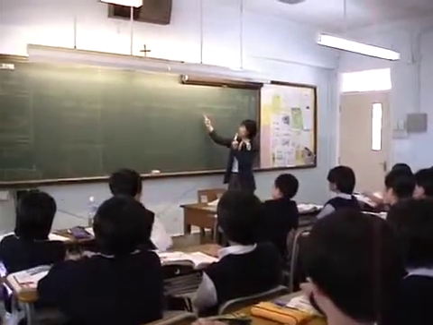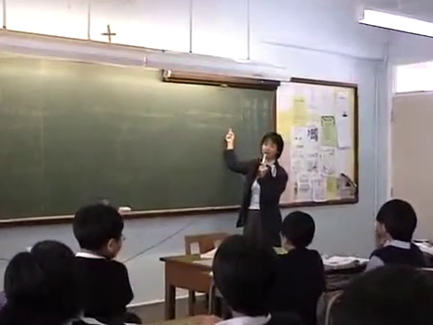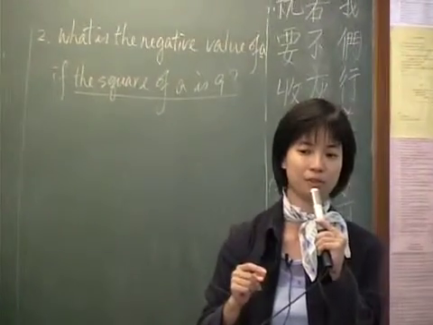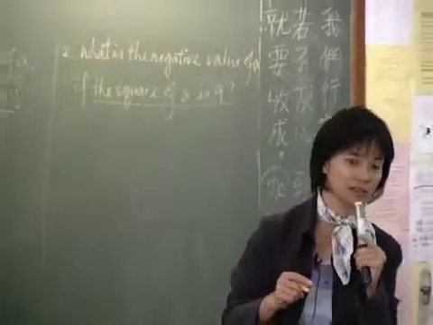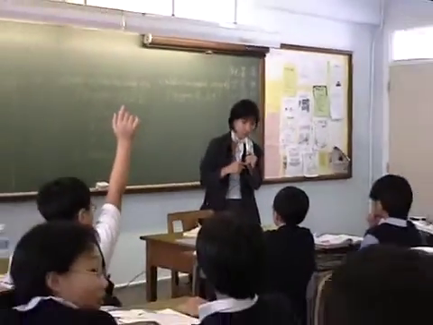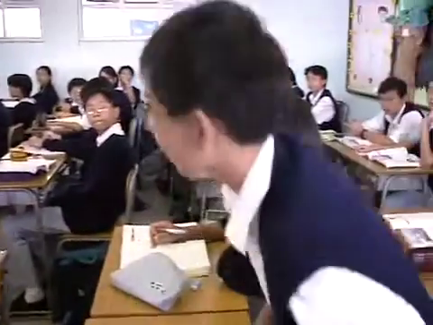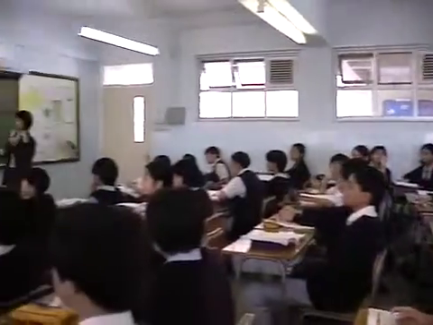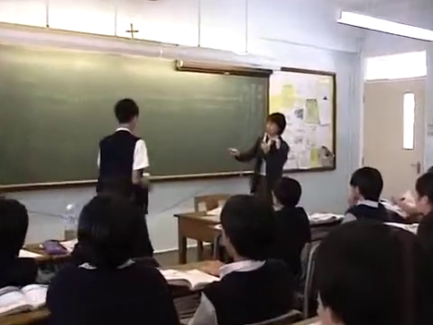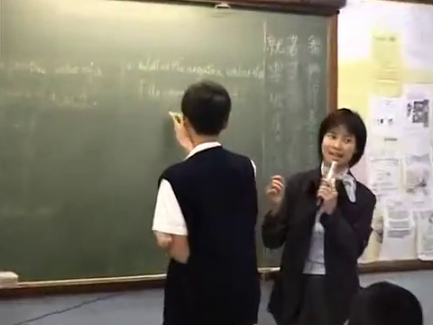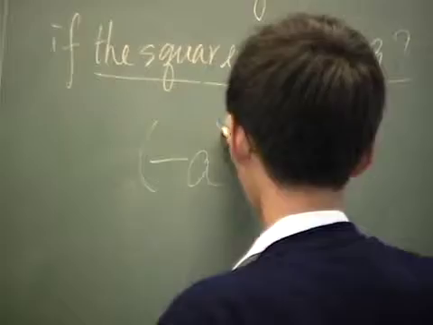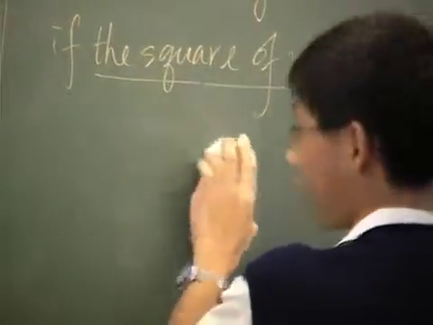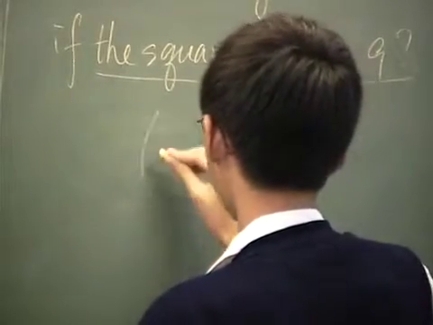First of all, if the square of A is 9, then you can write an equation. So can you write an equation for me? Now in this question, you want to find a negative value of A. What is the difference between this part and the previous question?